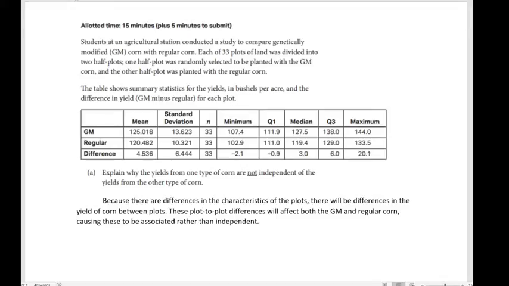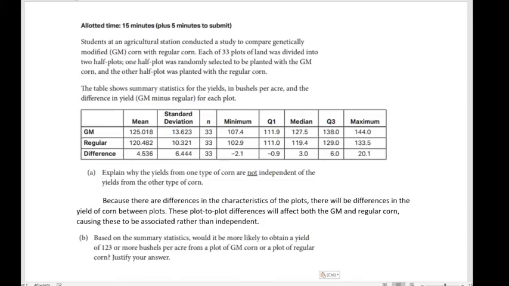All right, part B is going to be taking a look at the summary statistics here. Part B says, based on the summary statistics, would it be more likely to obtain a yield of 123 or more bushels per acre from a plot of GM corn or a plot of regular corn?